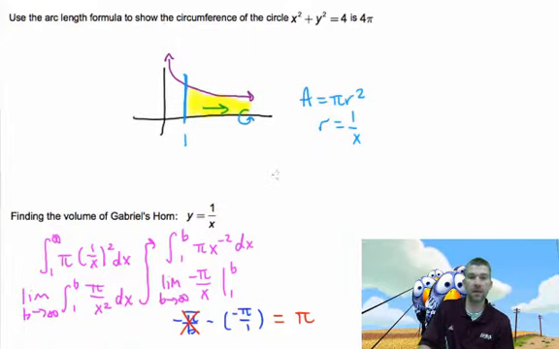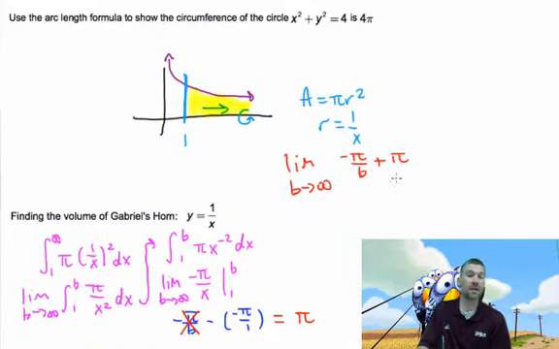Because when you look at the limit as b goes to infinity of negative pi over b plus pi, pi is a constant, so as b grows larger, pi never changes. And as b grows larger, this number right here, this guy, he grows smaller.